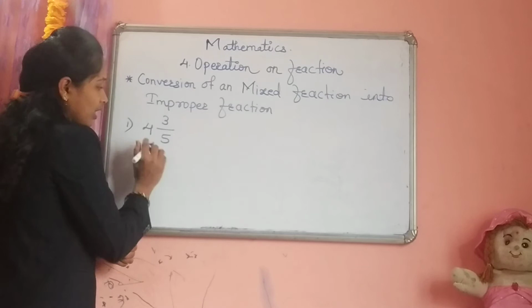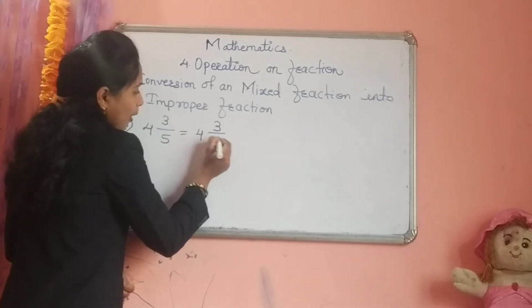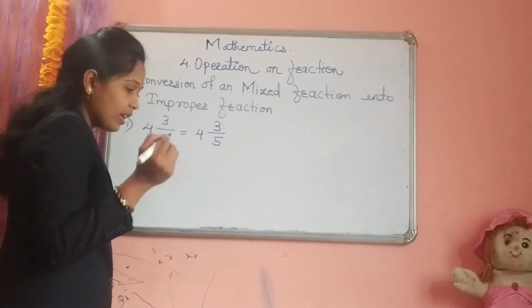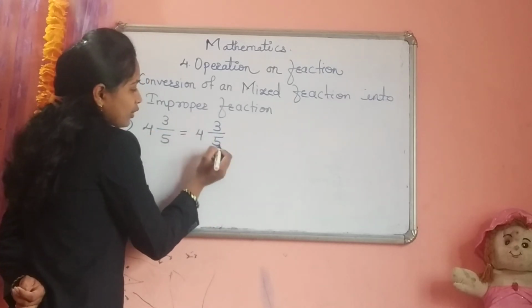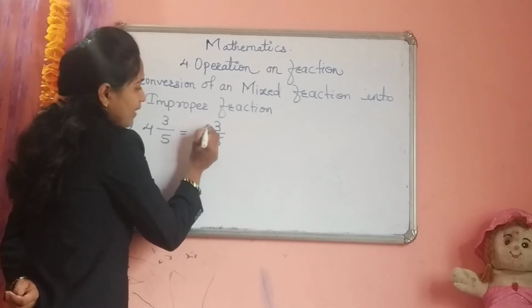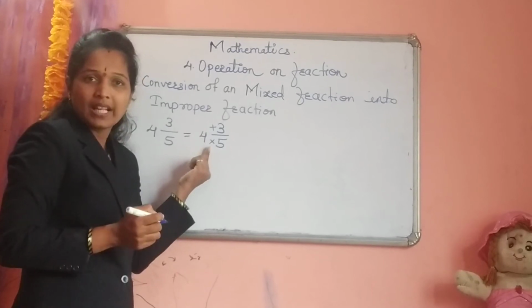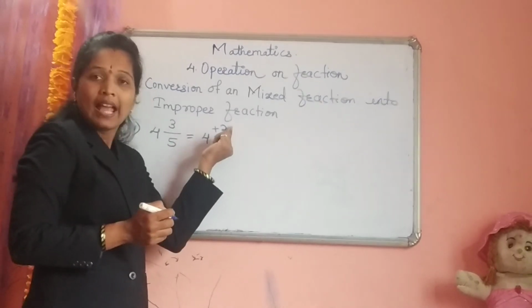Now pay attention. In this, write down the number as it is: 4 3/5. Always remember, in between these 2 numbers we have to do multiplication, and in between these 2 numbers we have to do addition. 4 and 5 multiplication is there, and 4 and 3 addition is there.